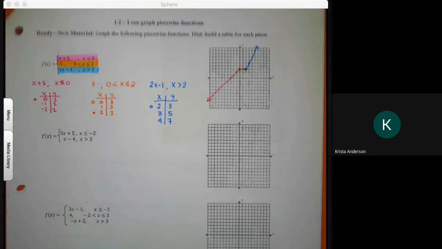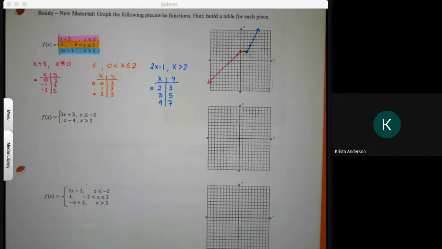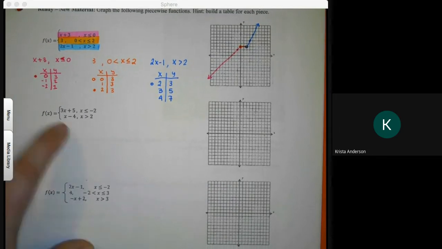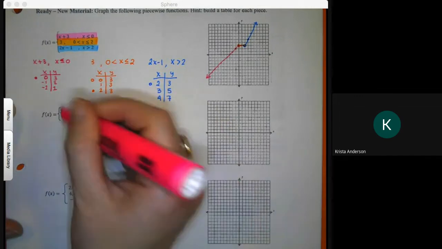Let's try the second one. I only have 2 pieces, which means I will only have 2 parts to my graph. I'm going to start with the top one.